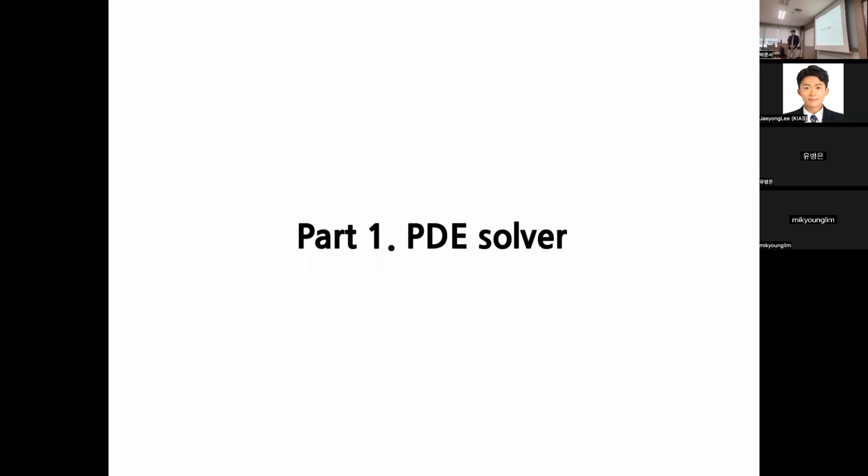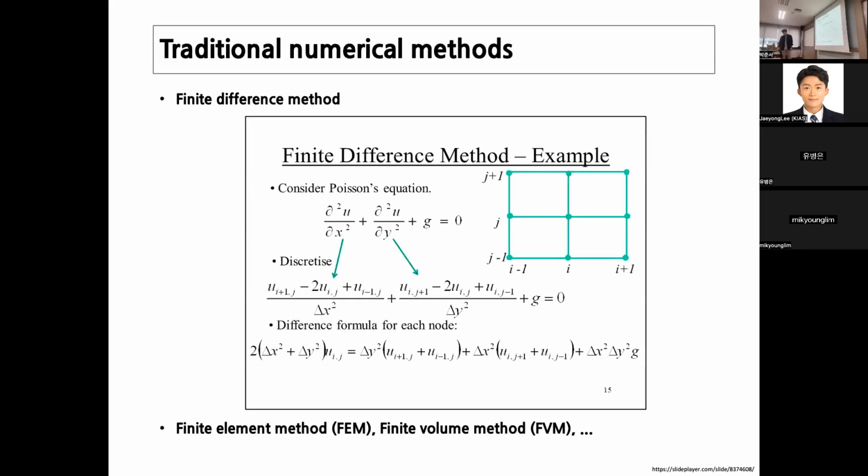So first I'll introduce the PDE solver more explicitly. There are many traditional numerical methods. In this picture, I have explained the finite difference method. If we have a PDE called the Poisson equation, we discretize the grid, and each grid point has a value of u.